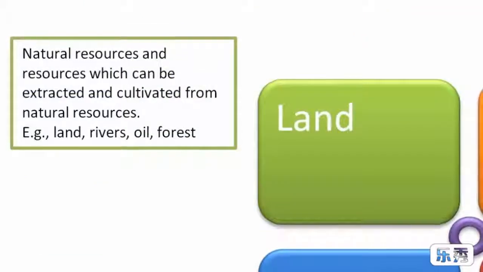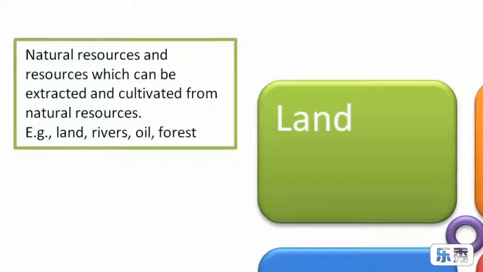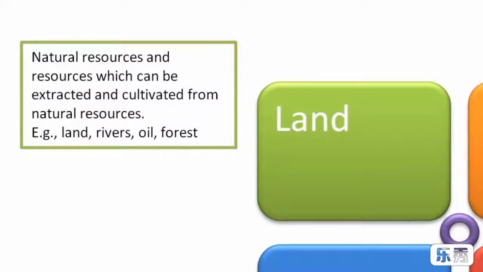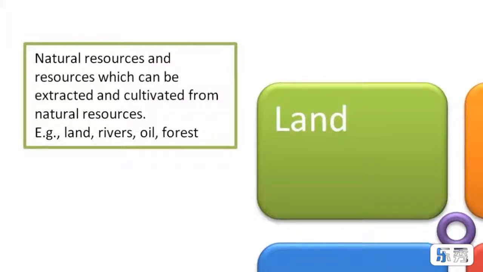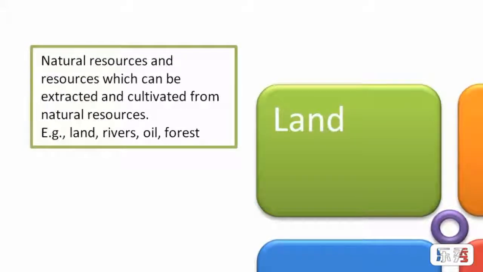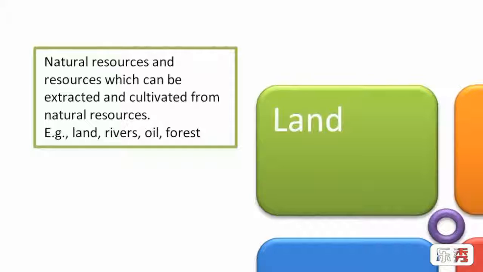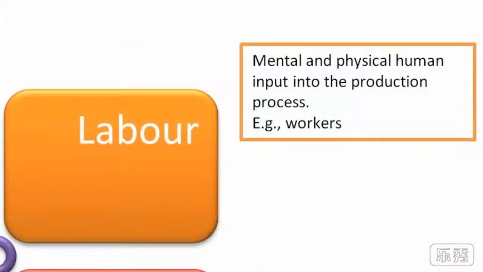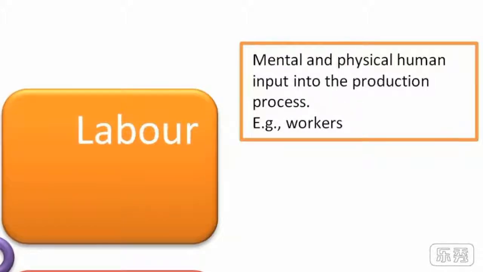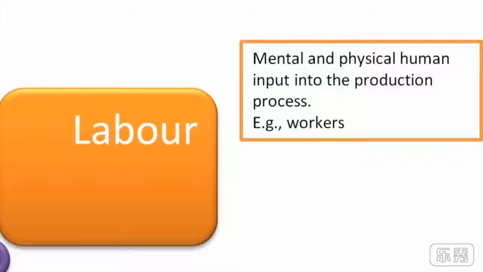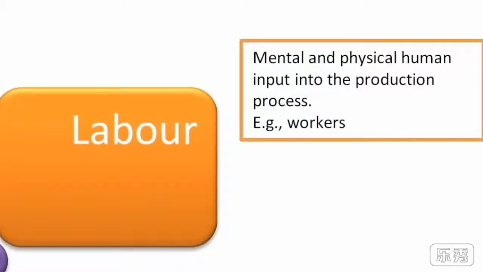Land represents all of the natural resources a country is endowed with, such as land, rivers, oceans, etc. It also includes all of the resources which can be extracted and cultivated from those natural resources, such as agricultural products from farms. Labor implies the mental and physical human input into the production process, or in other words, labor is a human factor of production.